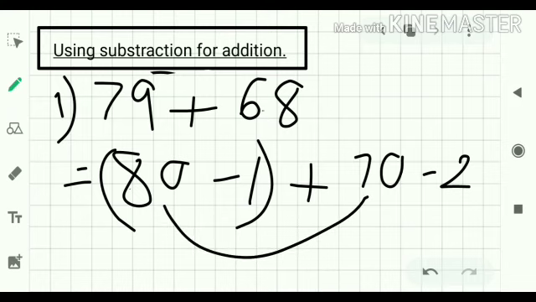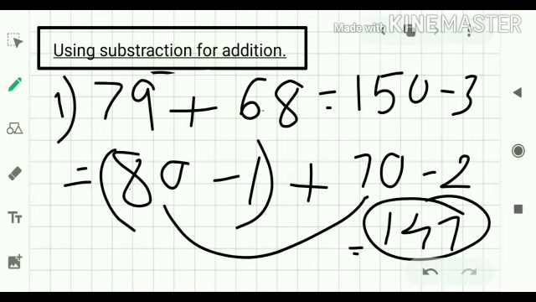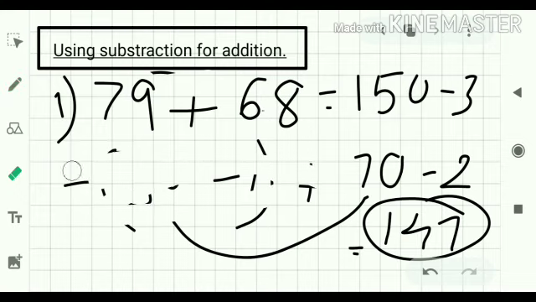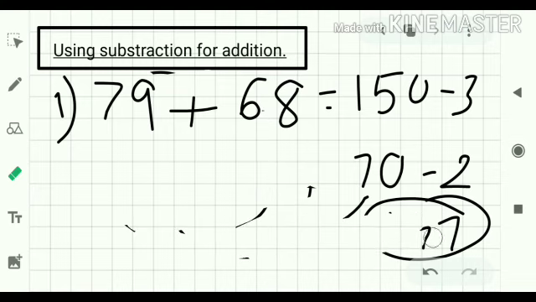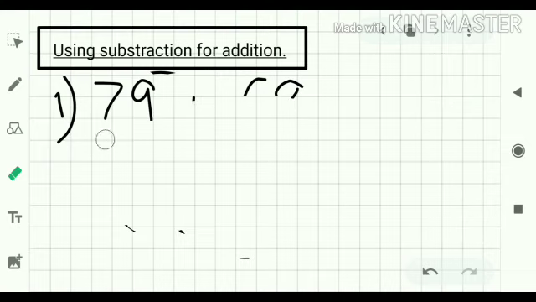Now 80 plus 70 is 150, and minus 1 minus 2 is minus 3, which gives 147. So in all the cases I've got the same answer, and this is how you solve a certain kind of sum. Now let us take another example to understand this technique in a better way.